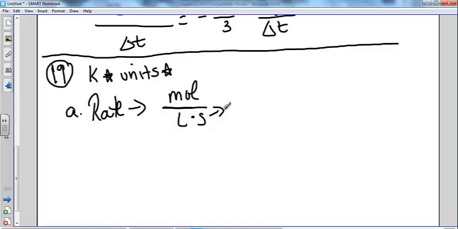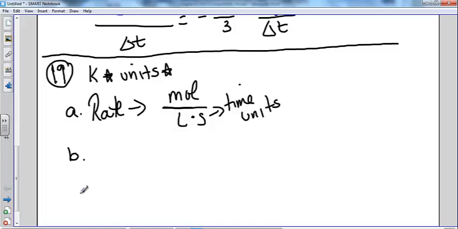I should put a little asterisk here that you can have other time units. Every once in a while, they'll throw minutes or hours at you, but it's typically going to be your concentration over your time. Since it's molarity, it's moles over liters times seconds.